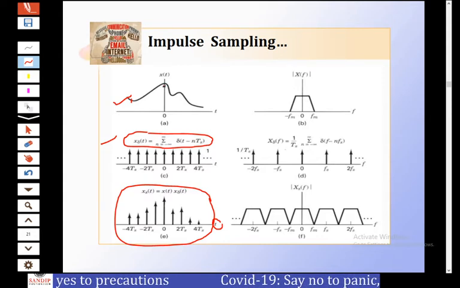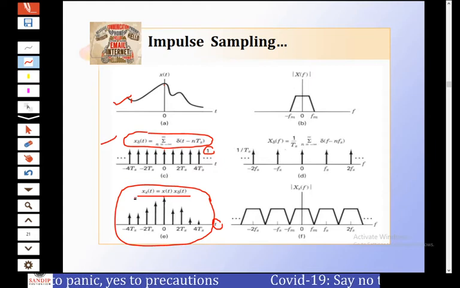Similarly, here is the maximum amplitude, so this delta function follows the amplitude of the message signal. The amplitude of all delta functions is 1, so 1 multiplied by something is nothing but something. This is the sampled signal, referred to as xs of t equal to x of t multiplied by this train of impulse signals x delta of t.